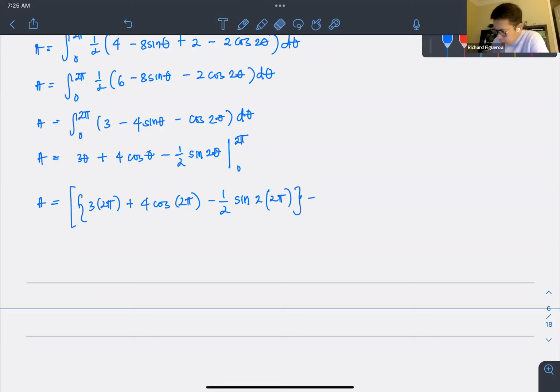Then minus, so 3 times 0 plus 4 cosine 0 minus 1/2 sine 2 times 0.